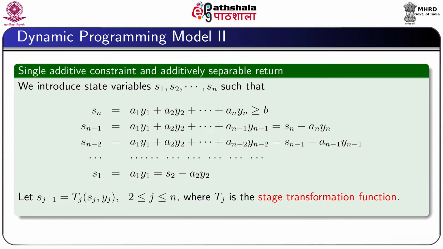Let Sj minus 1 equal to Tj(Sj, yj), where j takes values between 2 and n, both inclusive. Then Tj can be termed the stage transformation function, and it indicates that each state variable is a function of the next state and decision variables.